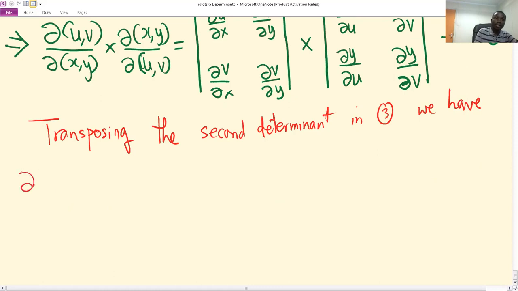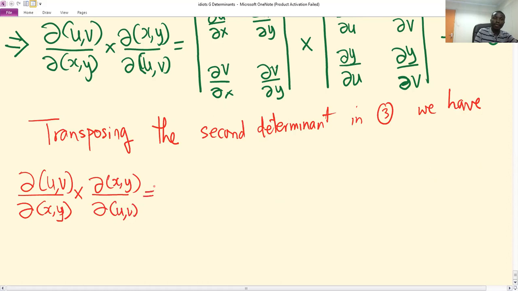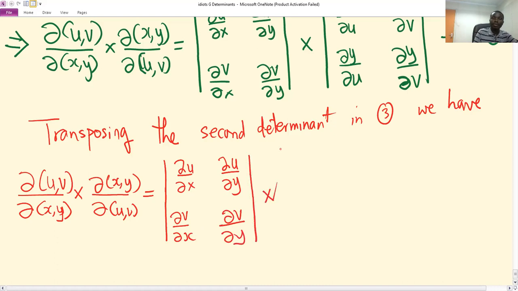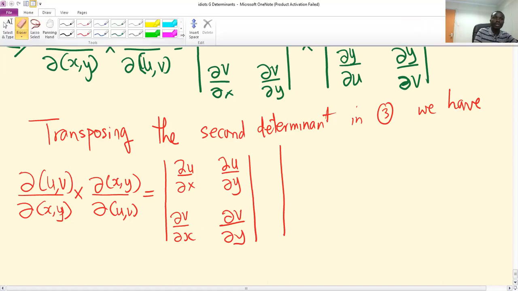So we'll have partial u, v over partial x, y times partial x, y over partial u, v. We are not interfering in the first determinant: partial u partial x, partial u partial y, partial v partial x, partial v partial y. What we are doing is to transpose the second determinant, meaning rows become columns and vice versa.